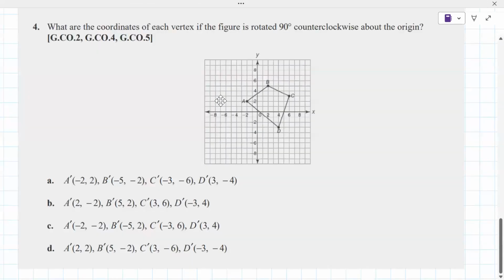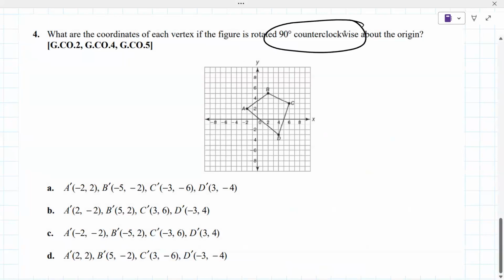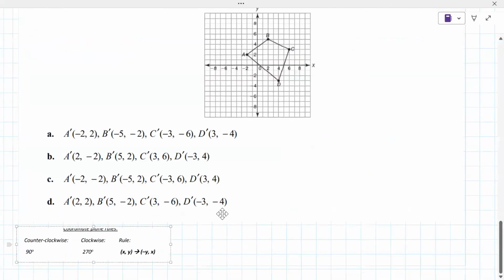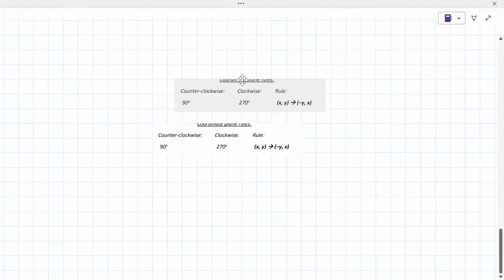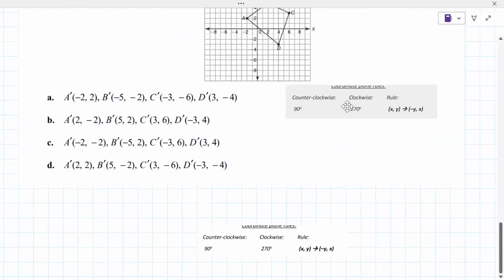All right. So 90 degrees counterclockwise. I'll go grab that one. So this is the rule. I'm just going to get this where you can actually see it on the screen.